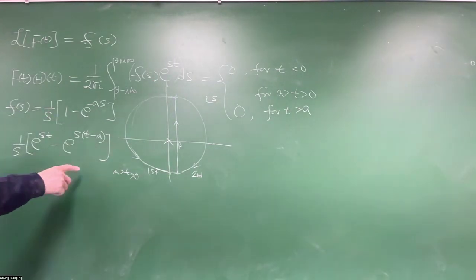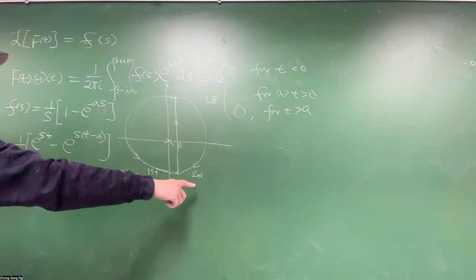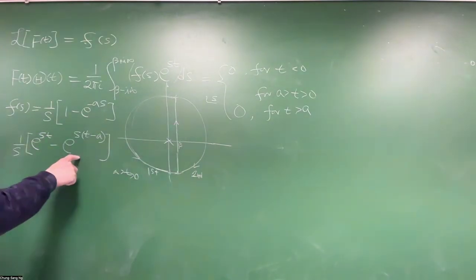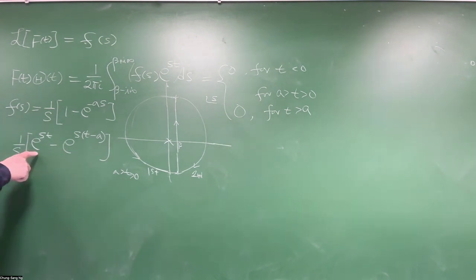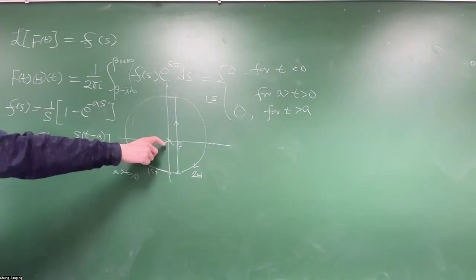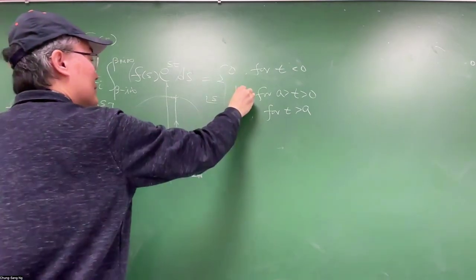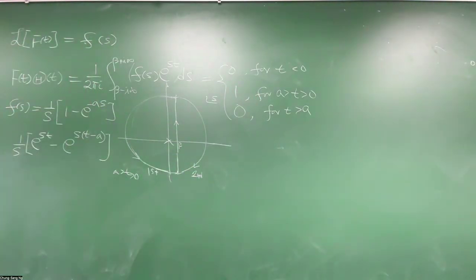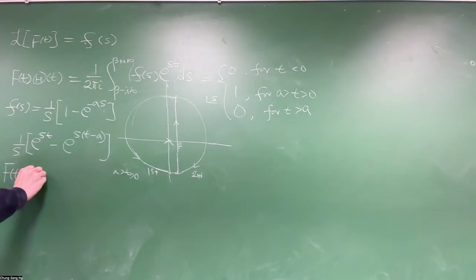Okay, so now the second term is easy. When you close it to the right, there's no singularity, so the second term will be 0. The only term that contributes to the integral is the first term. Then you evaluate at the pole, which is s equals 0, cancel the denominator, and e to the 0 is 1. So the final result is this function f(t).